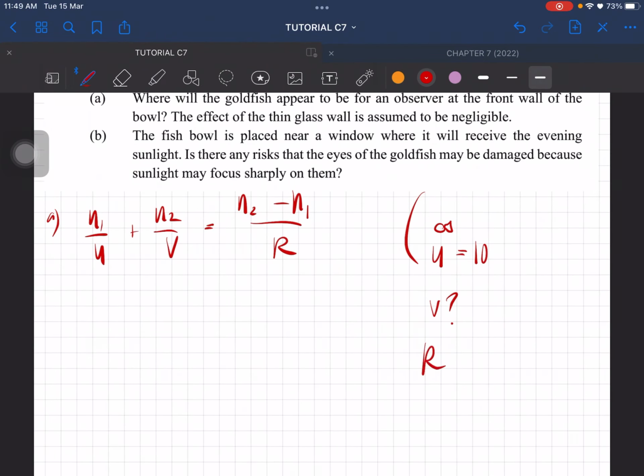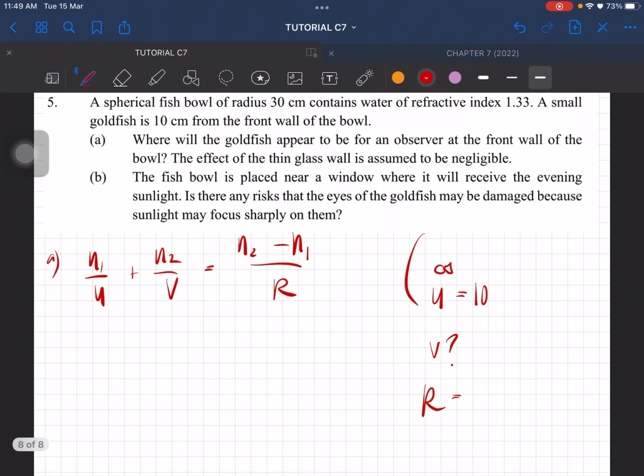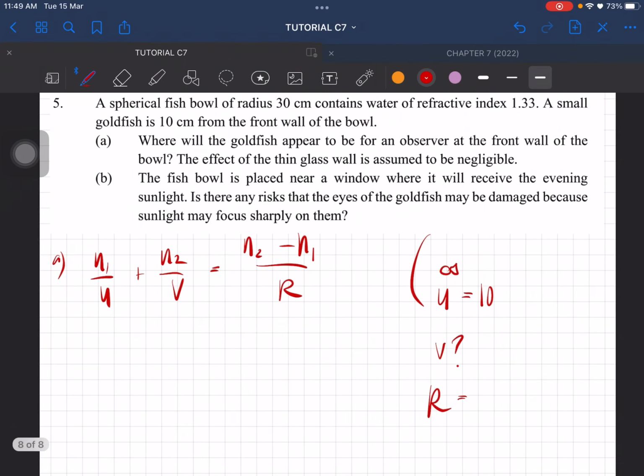The radius of curvature for this one, since we will be looking at it for the observer at the front wall, should be negative 30 centimeter.